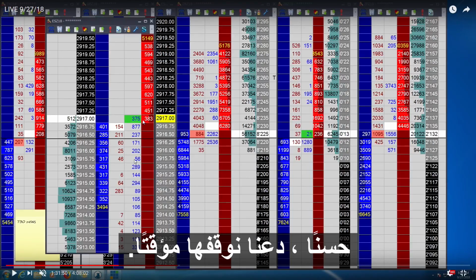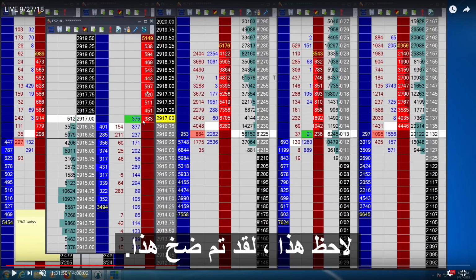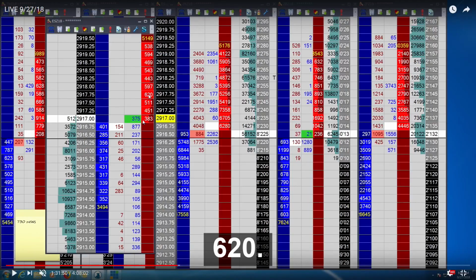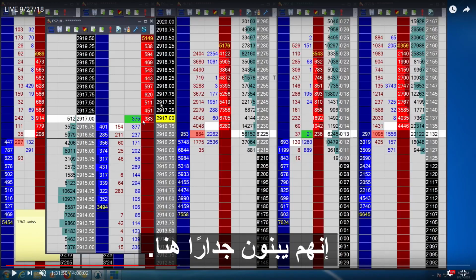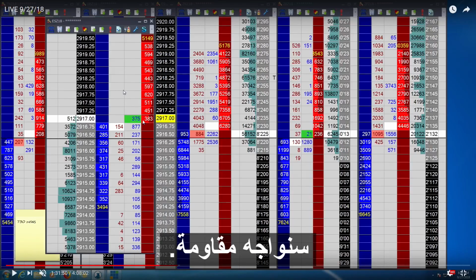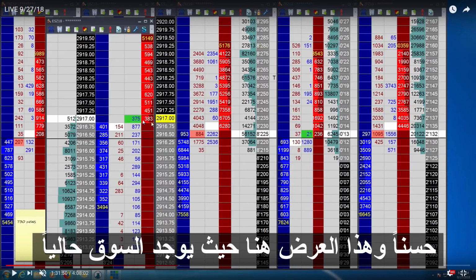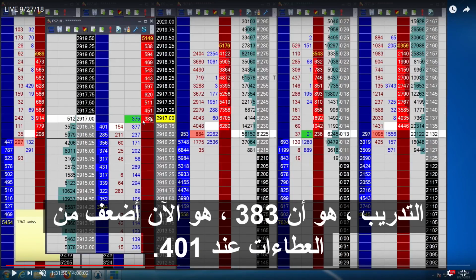Okay, let's pause it. Notice this. This is pumped up to 620. This is at 597. They're building a wall right here. They're telling us at this price we're going to experience resistance. And this offer here where the market is currently trading is at 383.